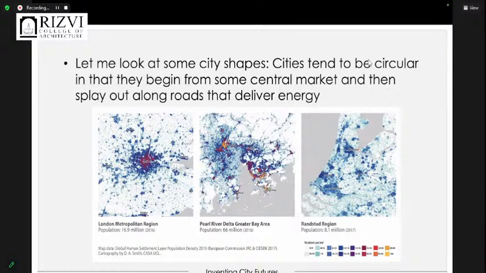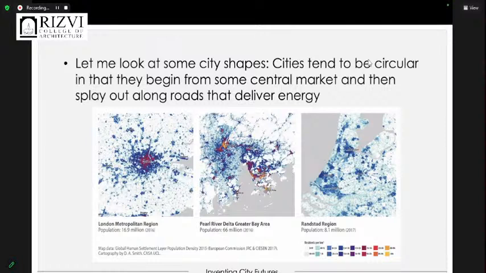On the left, you see London. When I talked a moment ago about London being about 9 million people, that's the inner part, the red and the dark blue, and the London metropolitan region. I said that from this particular data source, which is the global human settlements layer, population density layer produced by the European Commission.